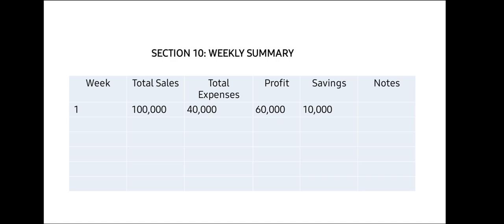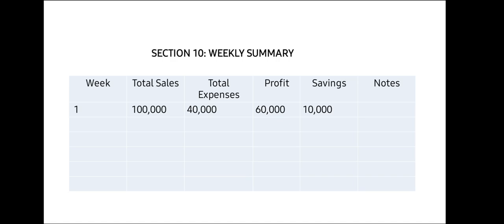If you follow through the section, you realize that at the end of the week you should be able to review your business and come up with all the totals: the total sales, the total expenses, the profit margin, and how much you were able to save for that week.